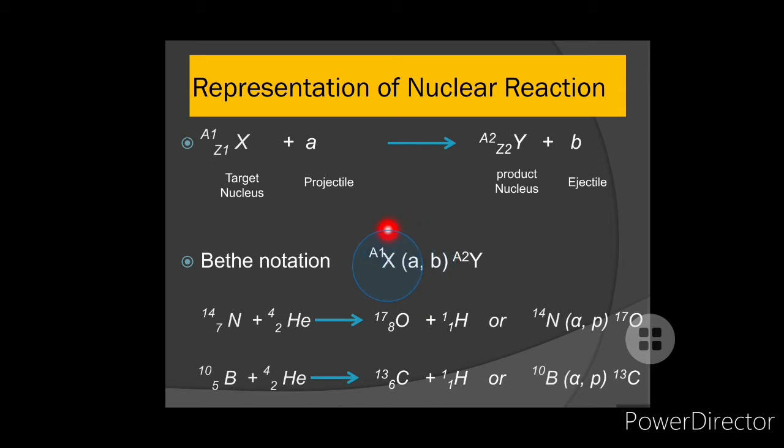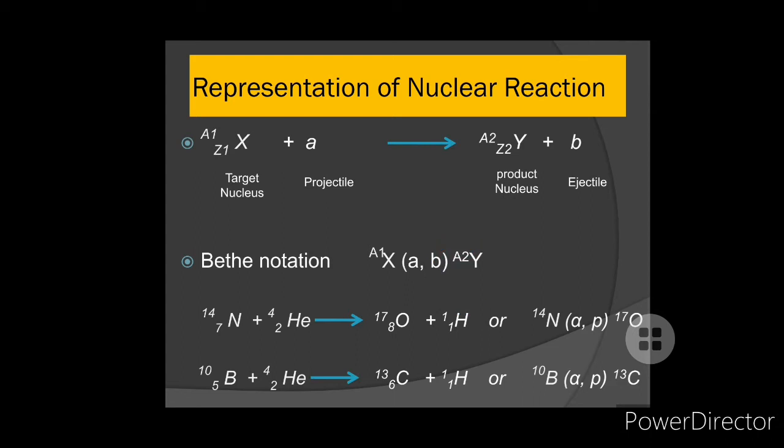On the left hand side of the bracket the target nucleus is placed, and on the right hand side of the bracket the product nucleus is placed. In this, X is the target nucleus, A is the projectile, B is the ejectile, and Y is the product nucleus.